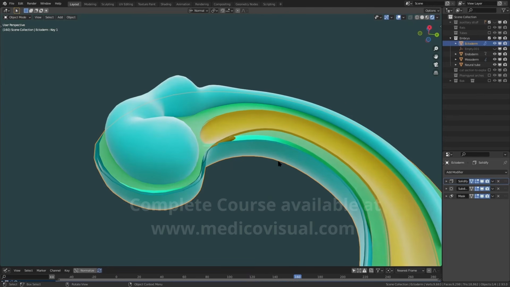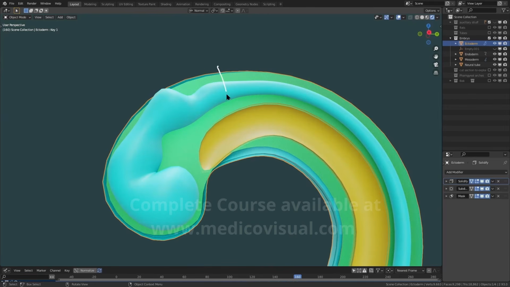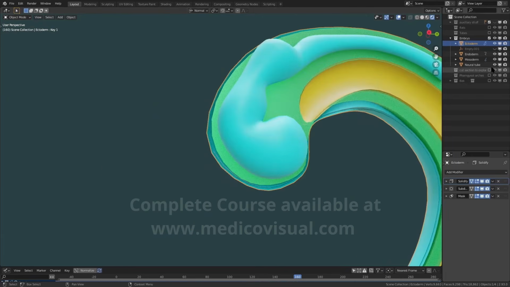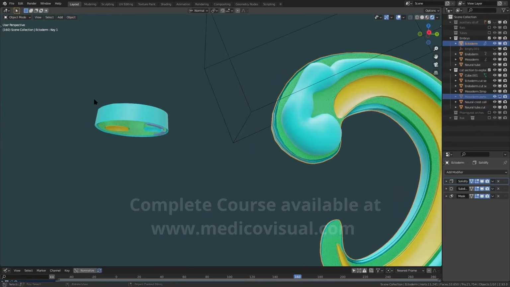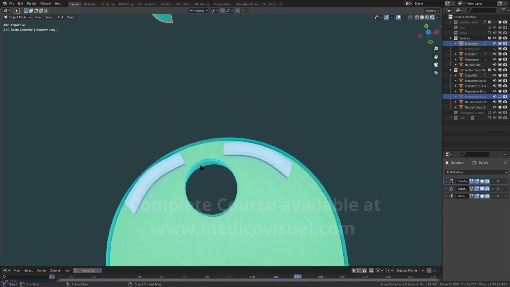I know you are confused, so let's first take a cross section of this area. Let's say we have cut a section like this from here. Let's cut a section here and separate it on the side, and then we will see what exactly happens. So here is the cut section, and here you can see that this is the neural tube.